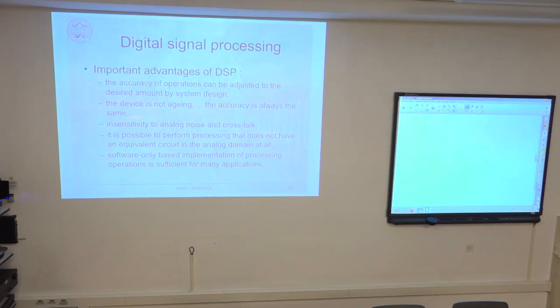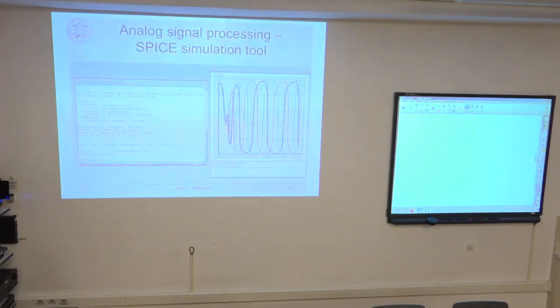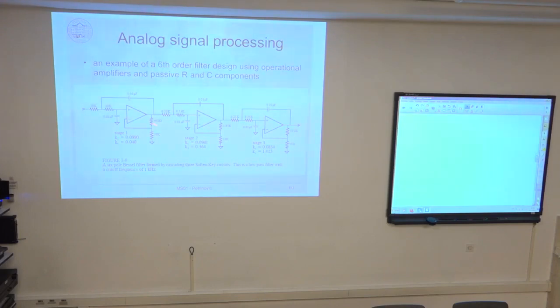They also have the insensitivity to analog noise and crosstalk. What that means is, when you have an analog circuit of this kind, then, for example, the signal from this point should not feed back to the input. But if you have some kind of parasitic capacitance from this point to the input point, especially when the input impedance is high, then this parasitic problem is quite a challenge, because you have some kind of unwanted feedback, and it might cause even oscillations in your circuit.